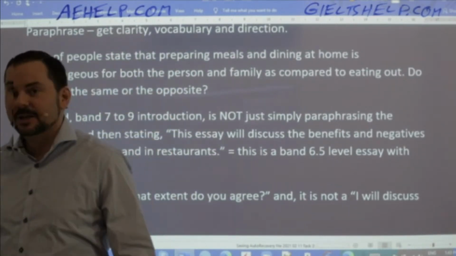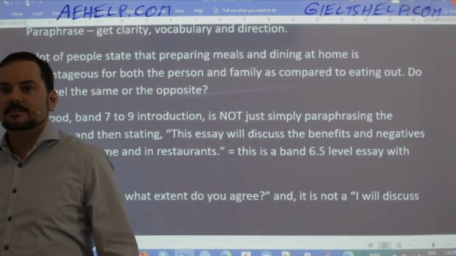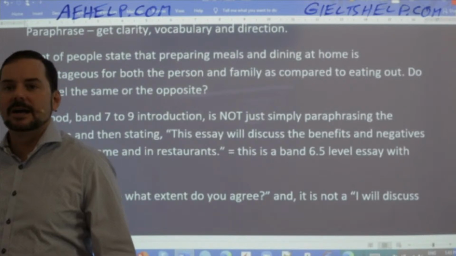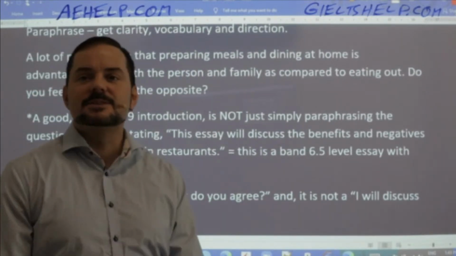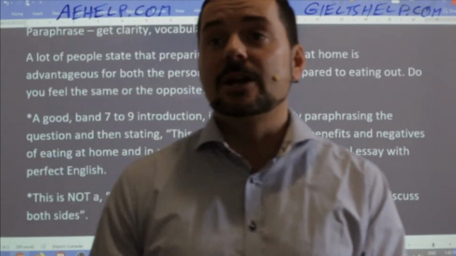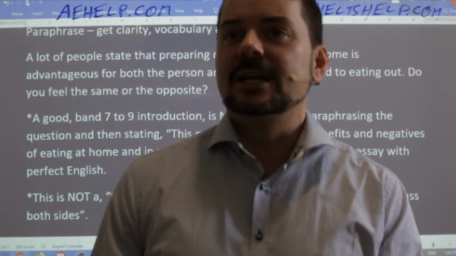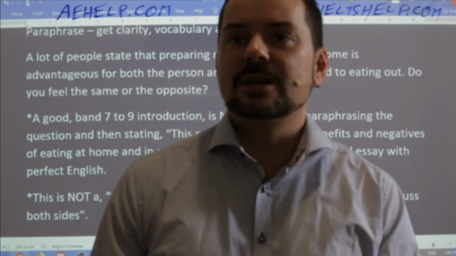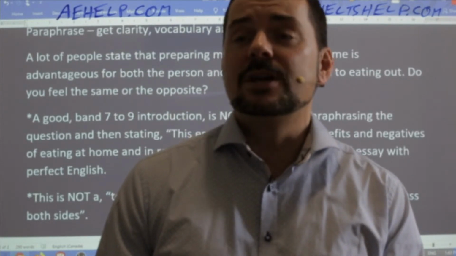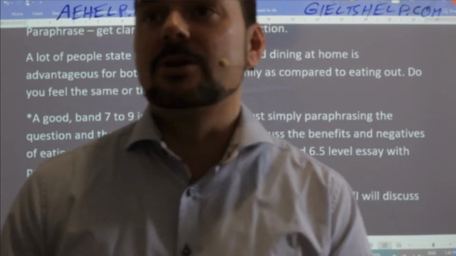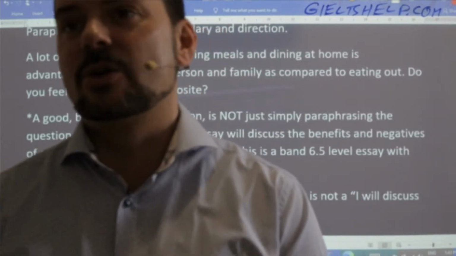Okay. All right. So Rashika has a paraphrase. Rashika says, many individuals ascertain that eating homemade dishes are better for an individual and family than eating out in restaurants. What do you think is correct and incorrect? Do you think this is correct or incorrect?